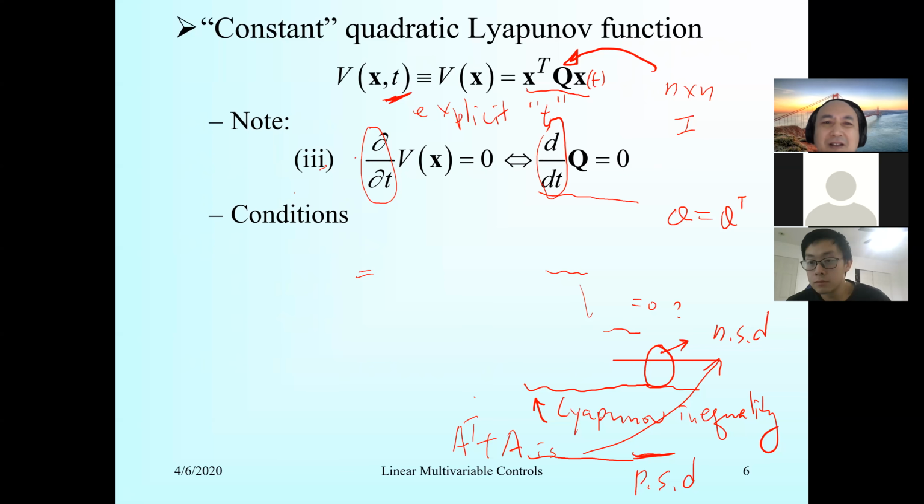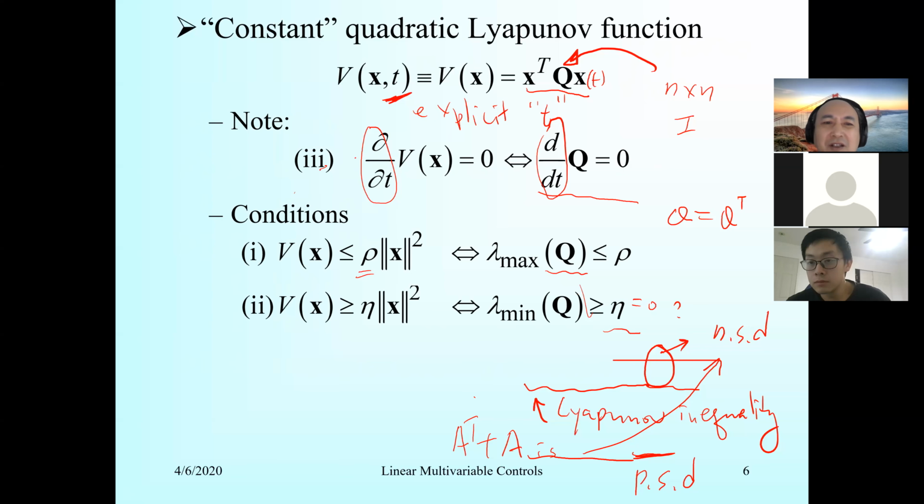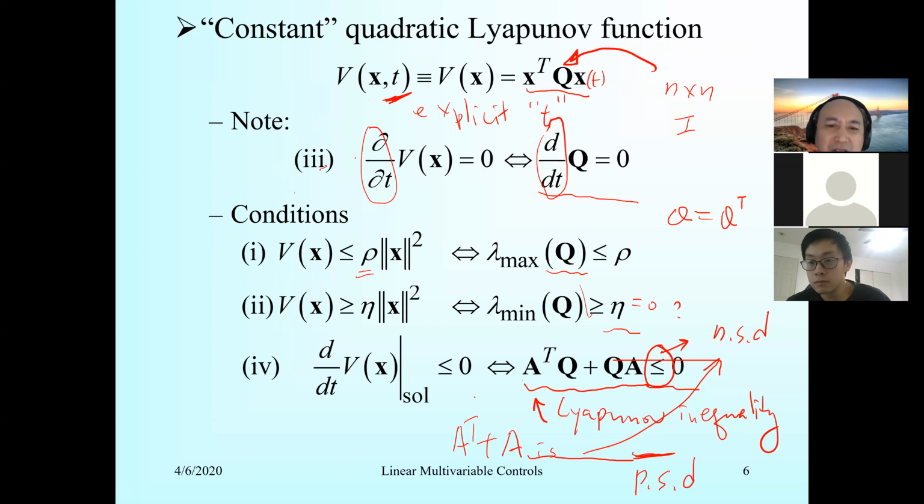There are three conditions a Lyapunov function should satisfy: it is upper bounded, lower bounded, and its change is negative semi-definite, meaning it will not increase. And for the Q here, if you don't have a very good idea, just select Q as I.